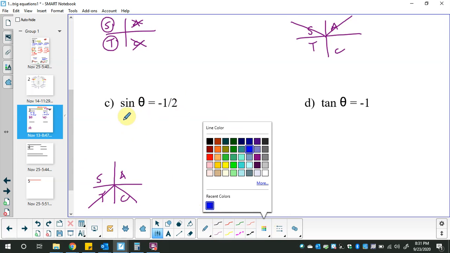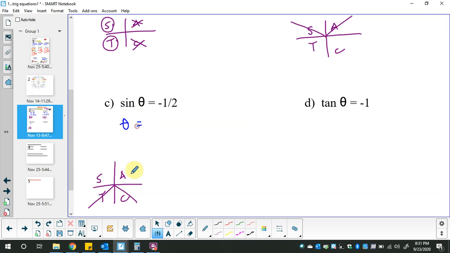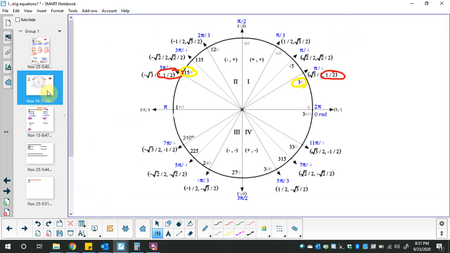Let's see if that works. So here we go. Those are sine is the second one, being positive 1/2. There they are as negative 1/2. And it is downstairs. So 210 and 330.